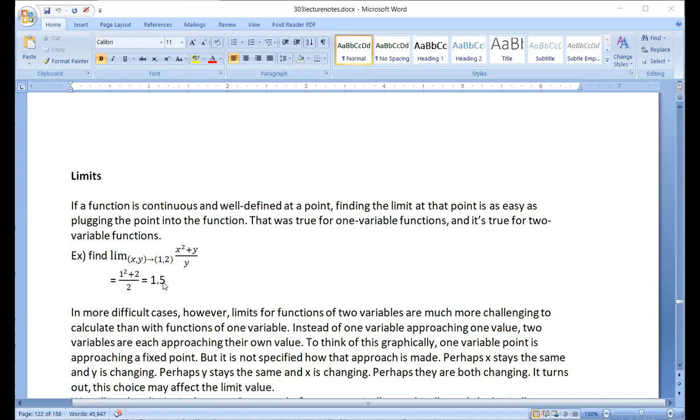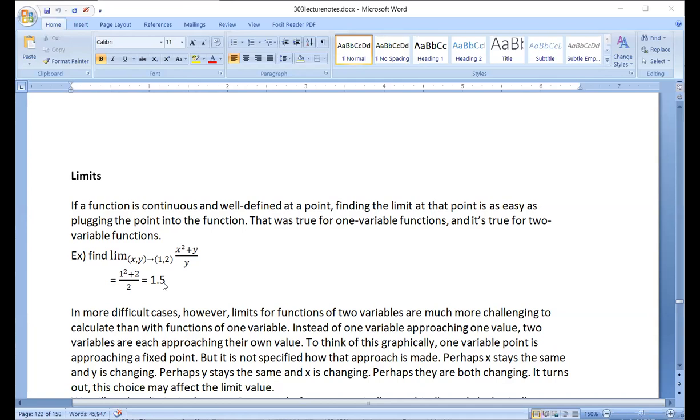For y equals f of x, when x is approaching a certain value, there are only two directions from which it can approach. Imagine we're on the real number line: it can approach from the left or from the right, or from increasing and decreasing. What about in the two-dimensional case, where the domain is two-dimensional?